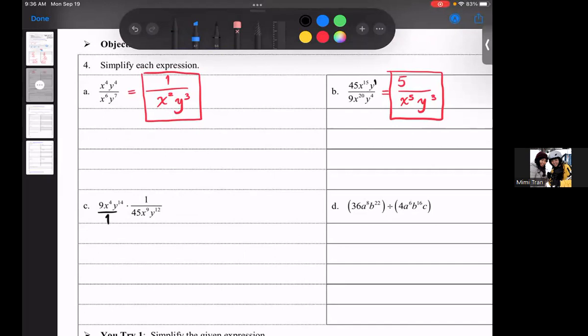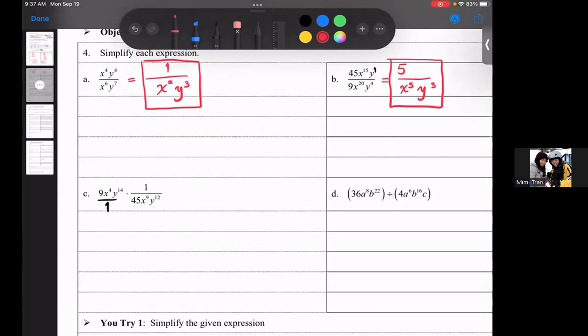All right, 9 and 45. Yeah, 5 on the denominator, right? So 5 down here, 1 on top. x to the 4 and x to the 9 on the denominator. x to the 4, y to the 14 and y to the 12. y squared on the top.